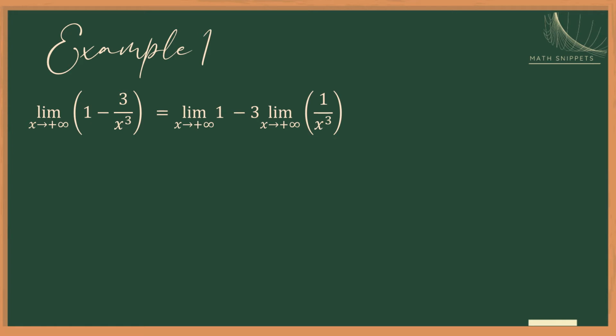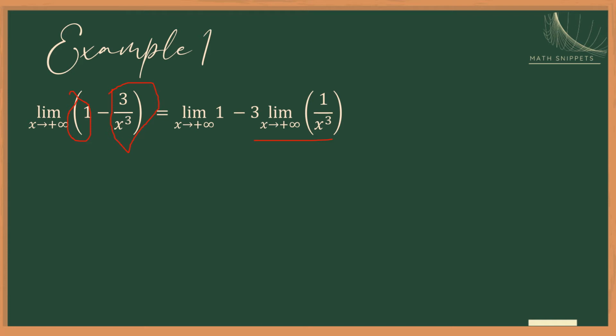Remember, when we distribute the limit to each of these, this is just 1 over x cubed with a multiplier of 3. So 3 is a constant multiple. Using the constant multiple law, we can factor 3 out of the limit. That's why we have this.